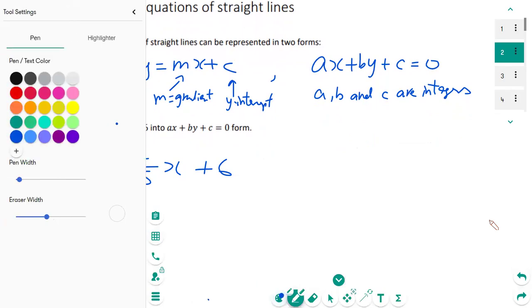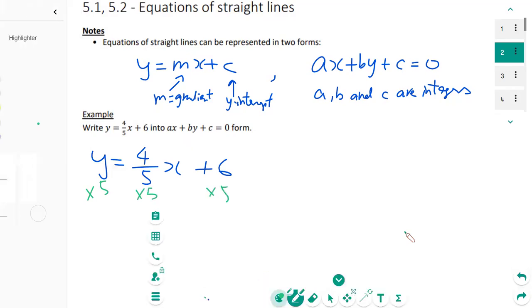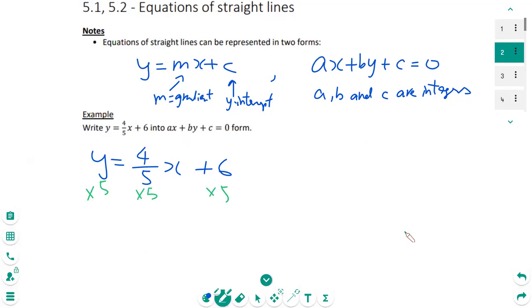Next, we multiply each term by 5. Then we have y times 5, 5y, 4/5 of x times 5, 4x, 6 times 5, 30.